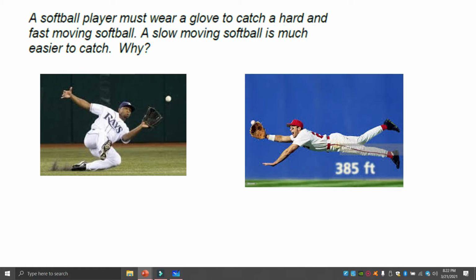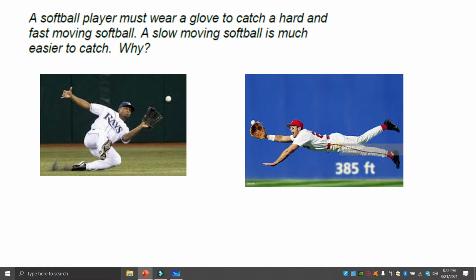A slow moving softball is much easier to catch. Why? A fast moving softball has a high velocity, and you already know that momentum depends on mass and velocity. Since it has a high velocity, it will have a high momentum.